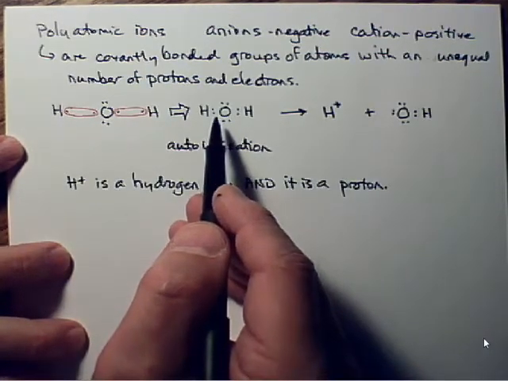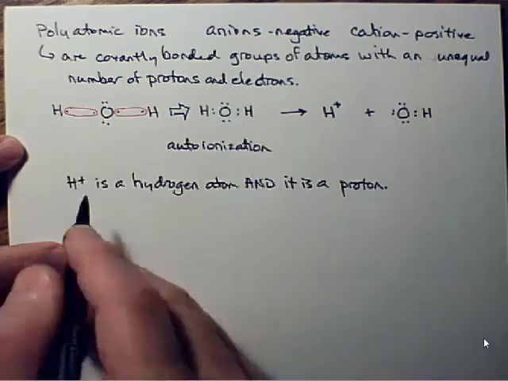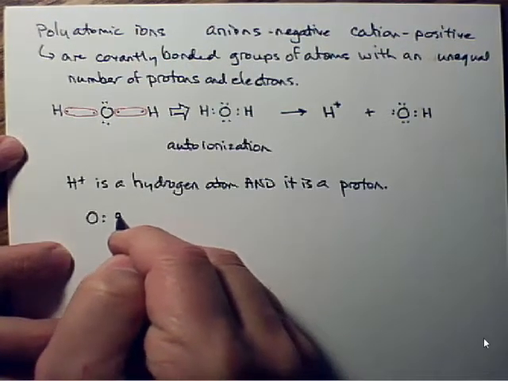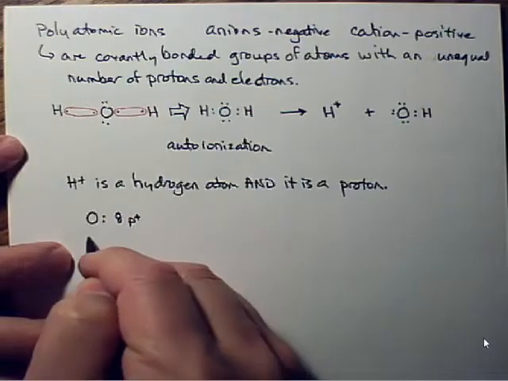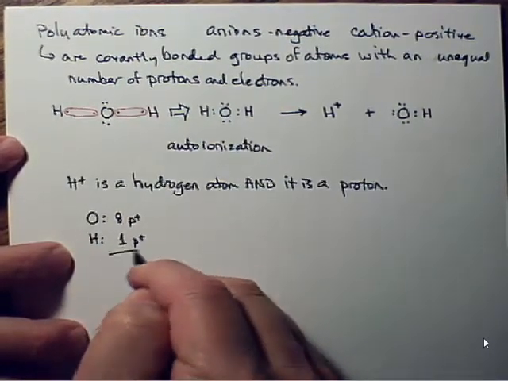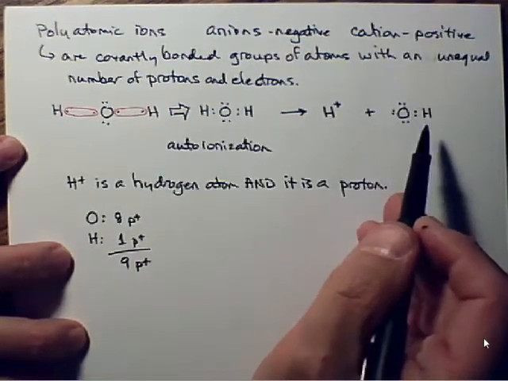So the oxygen atom has 8 protons. The hydrogen atom has 1 proton. Okay? So for the oxygen, we have 8 protons. For the hydrogen, we have 1 proton. So we've got a total of 9 protons in this structure over here.